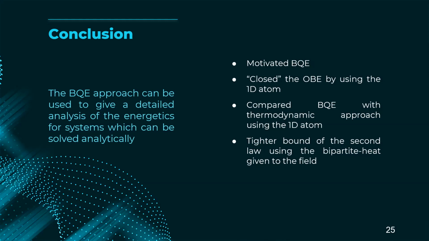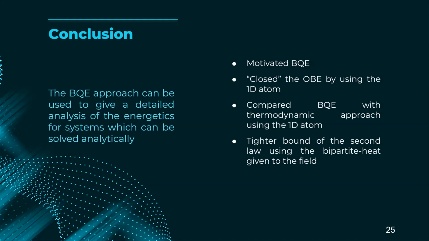In the conclusion, I want to say that bipartite quantum energetics gives a detailed energetic analysis of isolated systems. Initially we motivated BQE, bipartite quantum energetics, and in a sense we closed the optical Bloch equations by specifying a particular initial state for the field and the kind of interaction that happens.